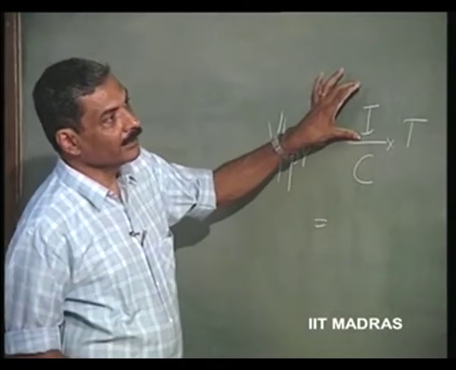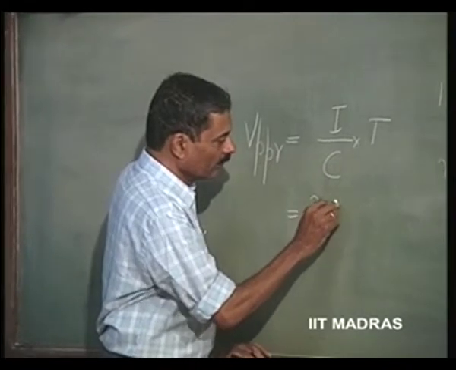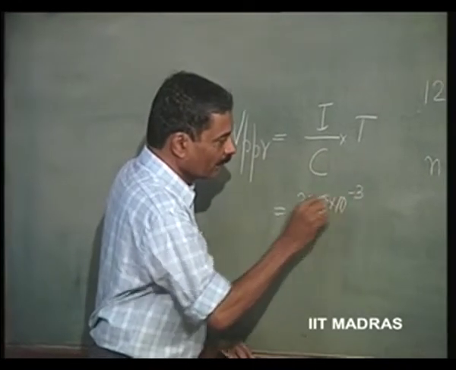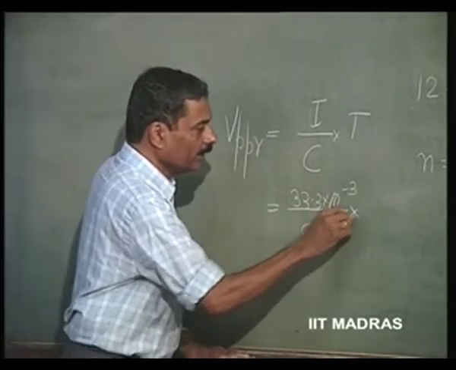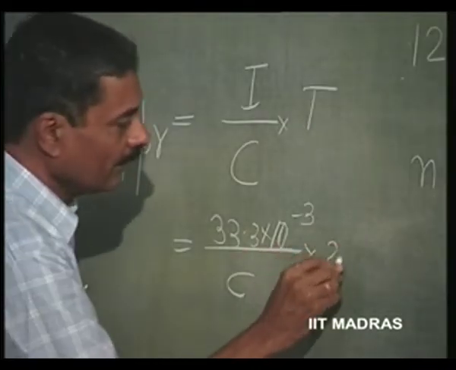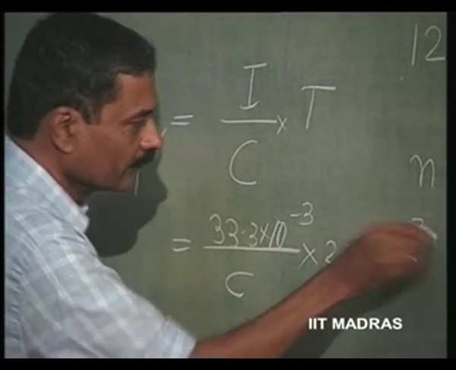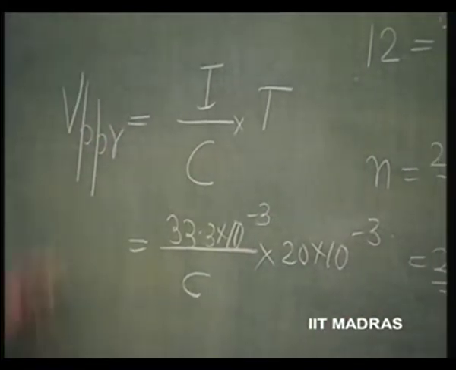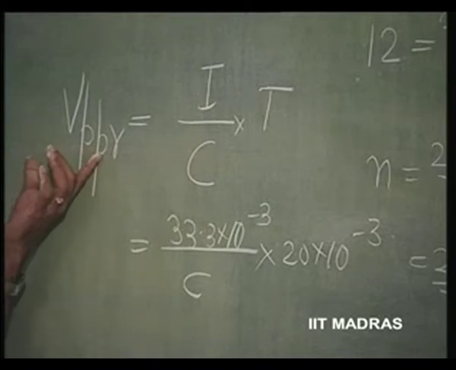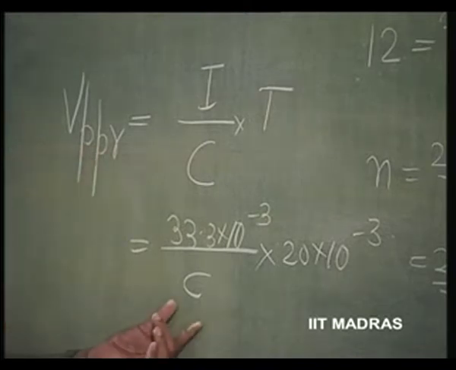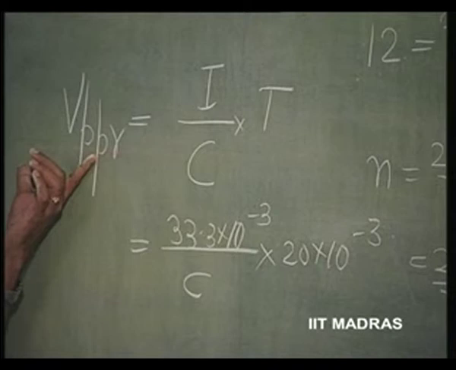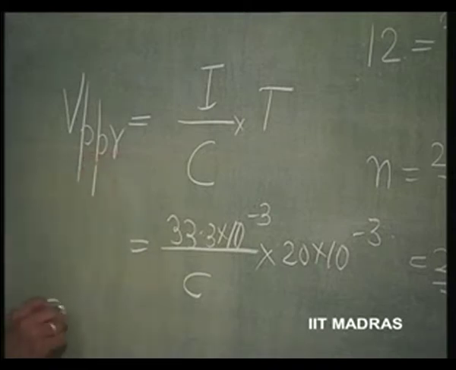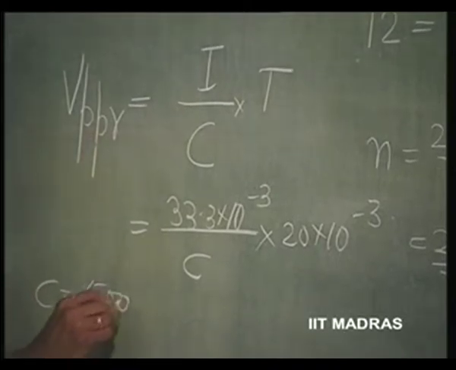This I is 33.3 milliamperes divided by C into T, which is 20 milliseconds. So, if you are specifying the peak to peak ripple, you can find out the capacitor, or if the capacitor is known, you can find out the peak to peak ripple. So, let us say we are fixing up the capacitor at 500 microfarad.